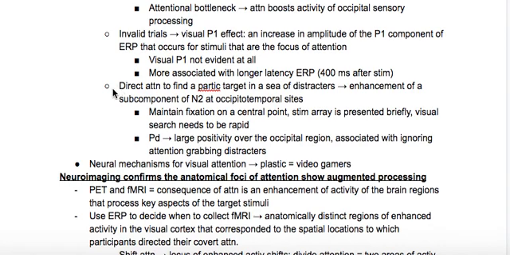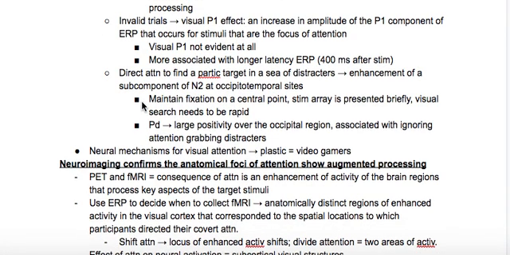Directing attention to find a particular target in a sea of distractors leads to an enhancement of a subcomponent of the N2 at the occipitotemporal sites. This leads us to maintain fixation on a central point. The test for this forces us to maintain fixation on a central point.